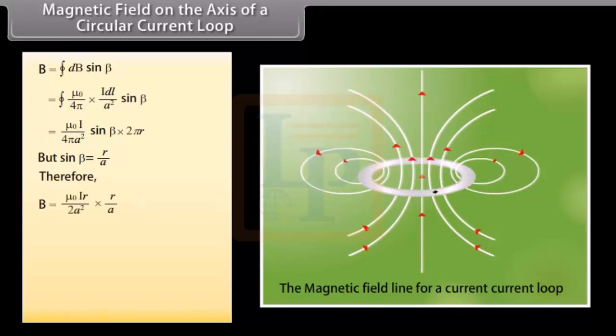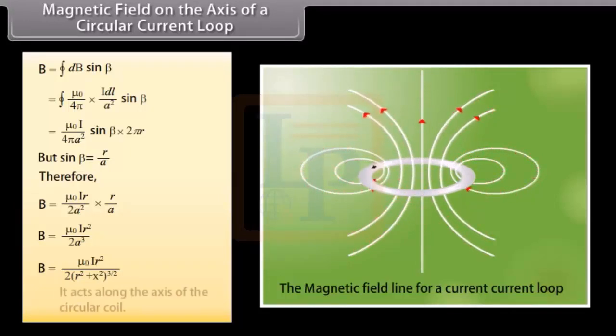Therefore, the total magnetic field at P is equal to mu naught I r square divided by 2a cube. We can also write this equation as mu naught I r square divided by 2 times (r square plus x square) within parentheses raised to the power 3 by 2. This magnetic field acts along the axis of the circular coil.